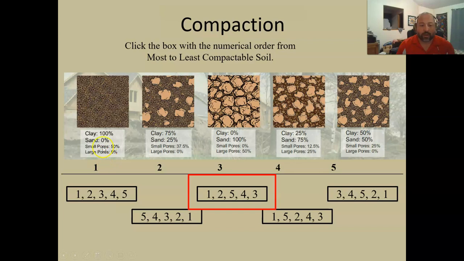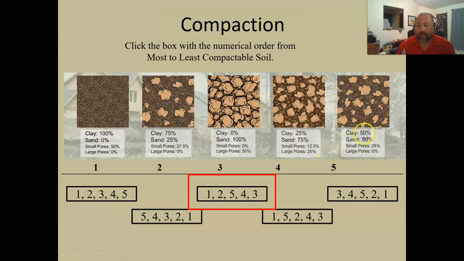So number 1 here, 100% clay, is always going to be our most compactable soil because of that high surface area. Also, you're going to end up with a high bulk density because it's a clay soil. Number 2, you got 75% clay and 25% sand. Sandy soils usually aren't subject to compaction, but this is a mostly clay soil.